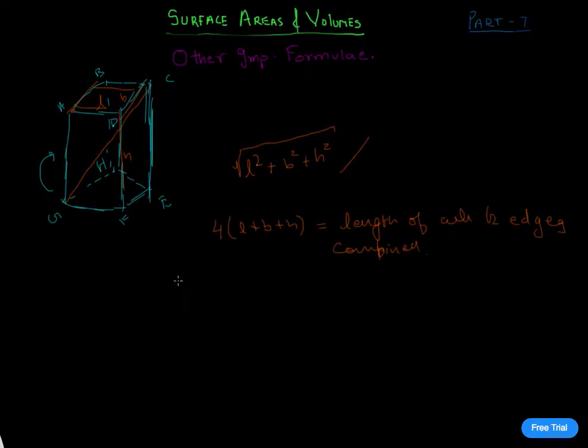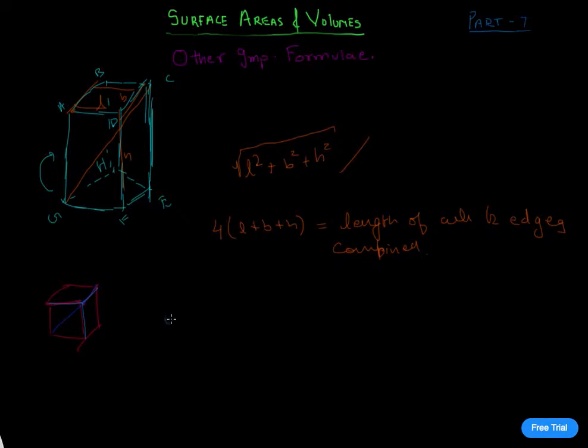Right? So the next formula that you have is for a cube, and this also finds the diagonal of the cube. We have the formula root L square plus B square plus H square. L will be this, B will be this, and H will be this, because a cube is a form of cuboid, right?